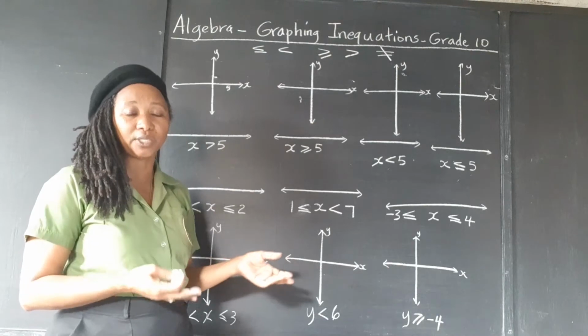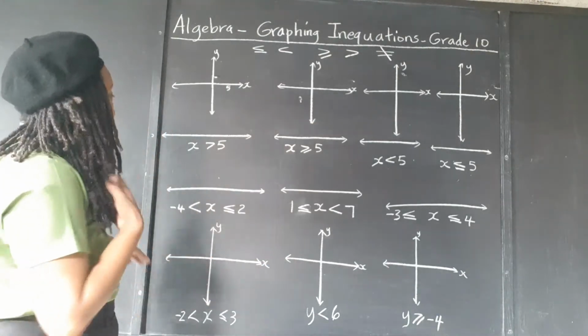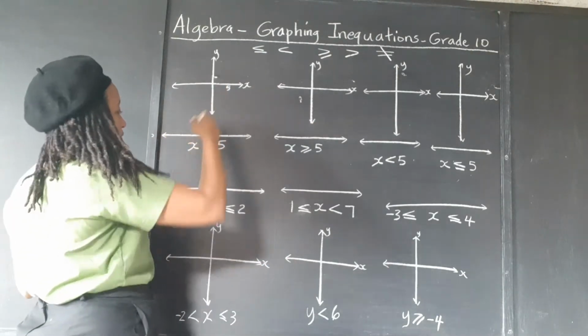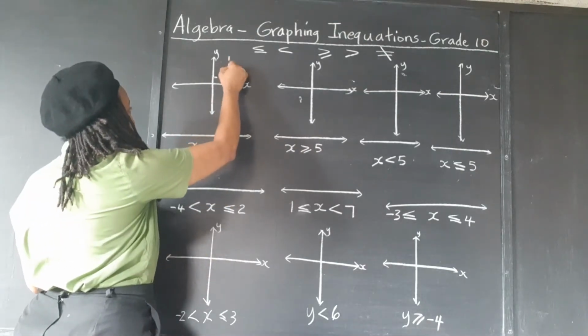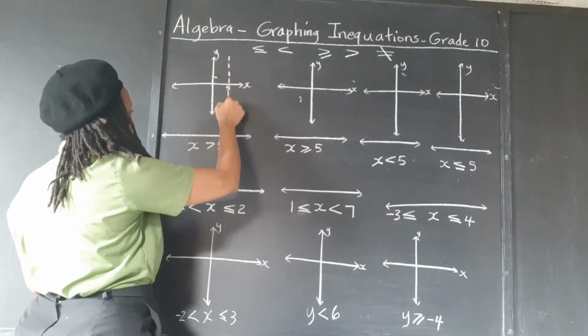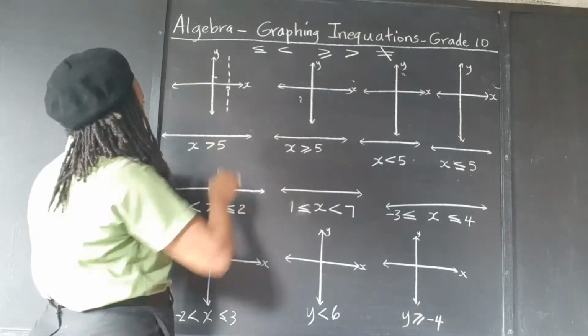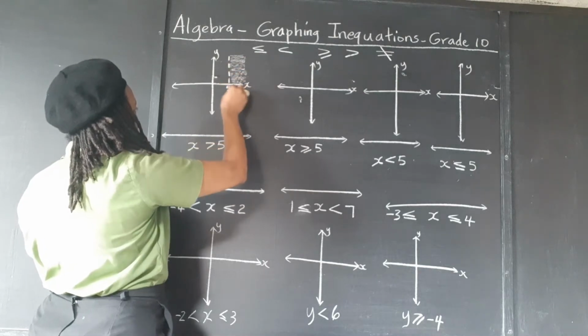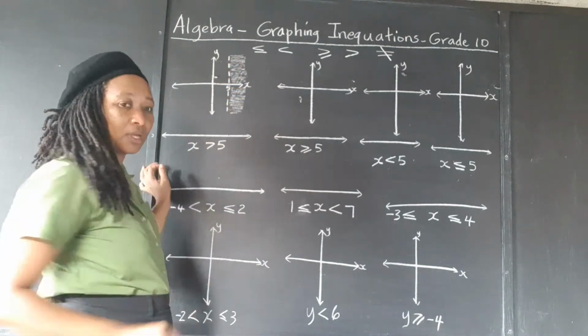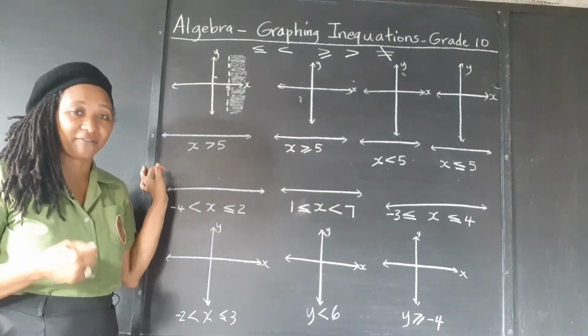You can if you want to. So we just put a 5 to indicate where x would be 5, and then a broken line through that 5. And since it's greater than, we're going to shade to the right of that broken line. So that's x is greater than 5.